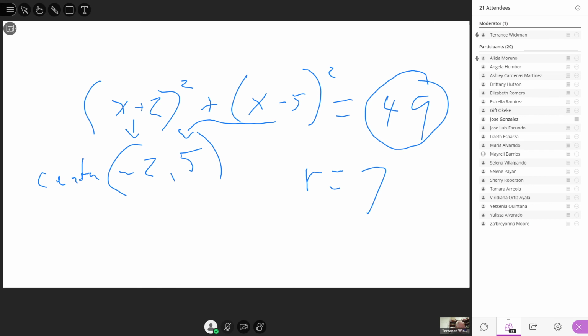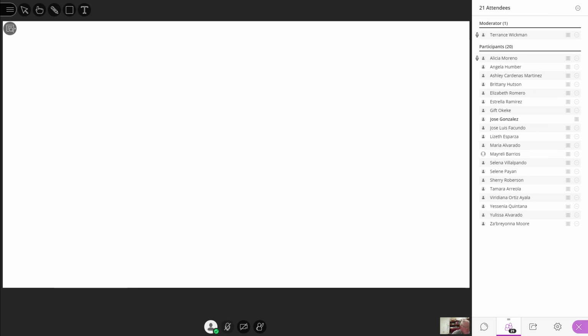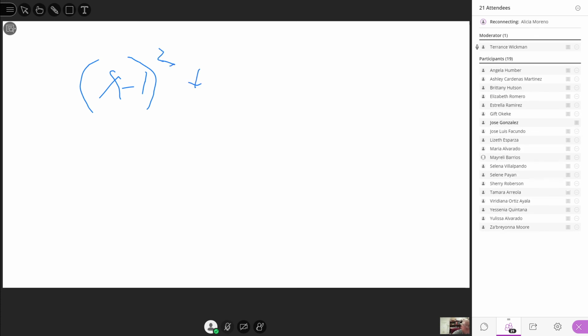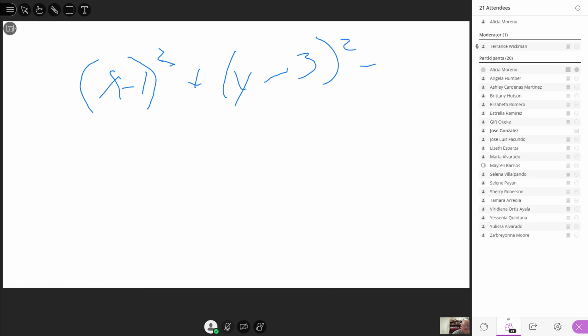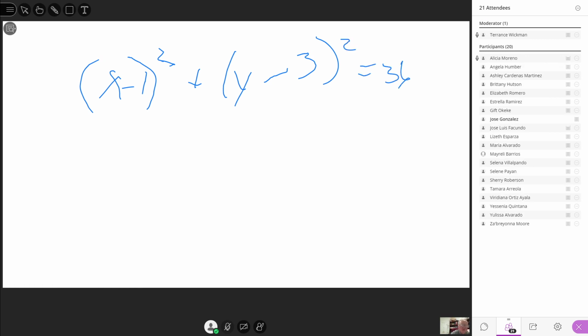So let's look at problem 20. On your paper, you see that they have given you this. I'm going to repeat it so now it makes better sense. So tell me, what is the center of that circle now? Easy.